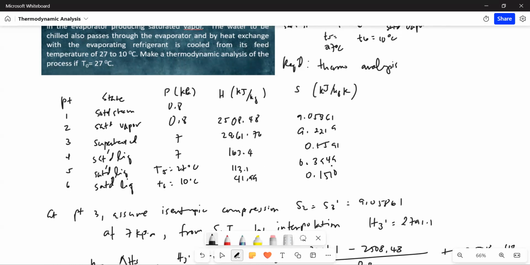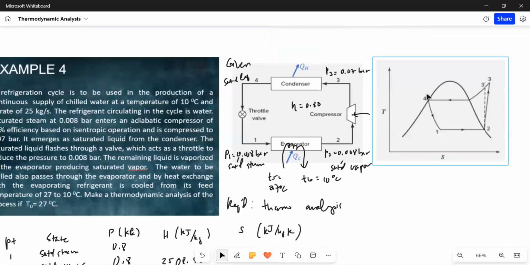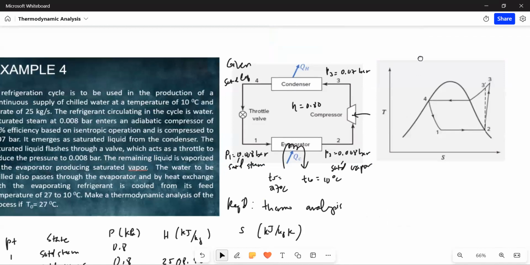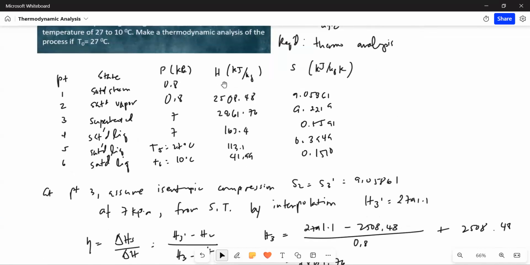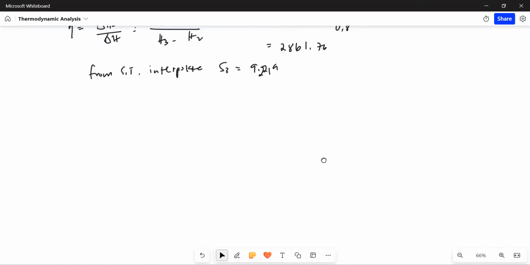Finally, let's circle back to point 1. Since this is a throttle valve, from point 4 to point 1, therefore H1 is equal to H4.